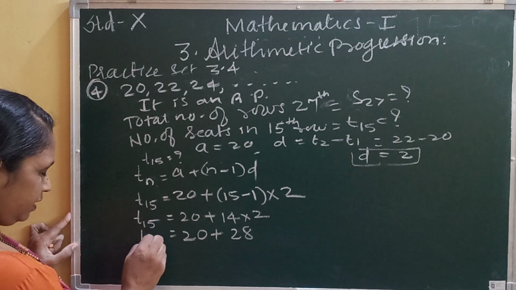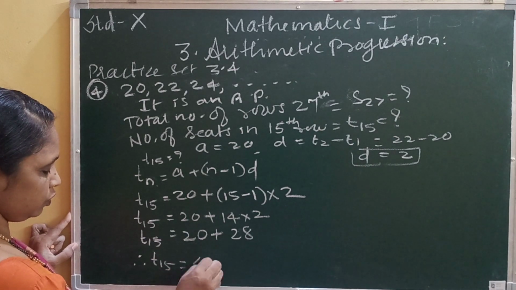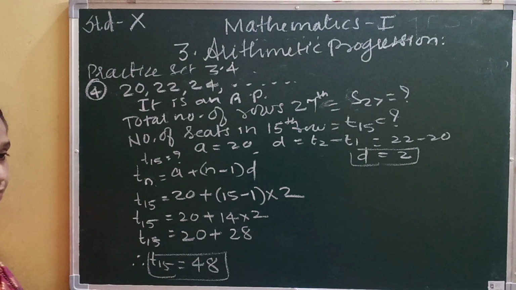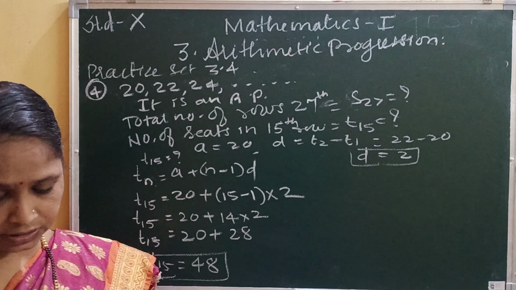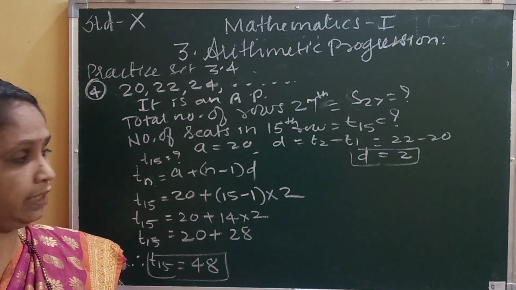Therefore T15 is equal to 48 seats. So the number of seats in the 15th row is 48.